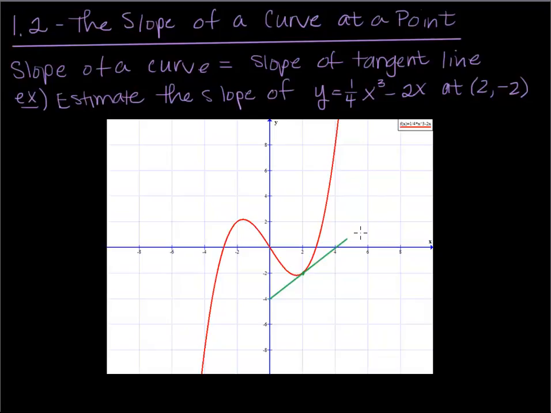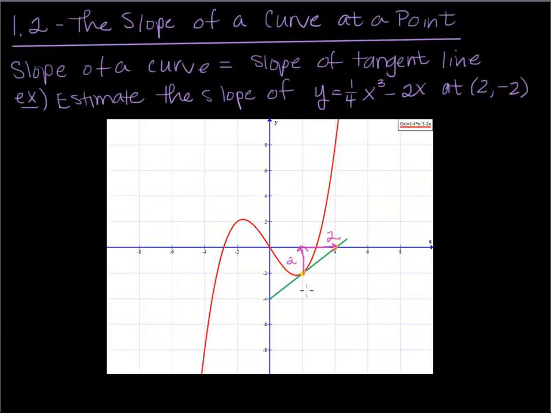We can pretty easily estimate the slope of this line. Remember the slope of a line is just the change in y over the change in x. Let me grab a color you can actually see. Going from this point to this point, I went up 2 units and to the right 2, so I'm putting a +2 on both.